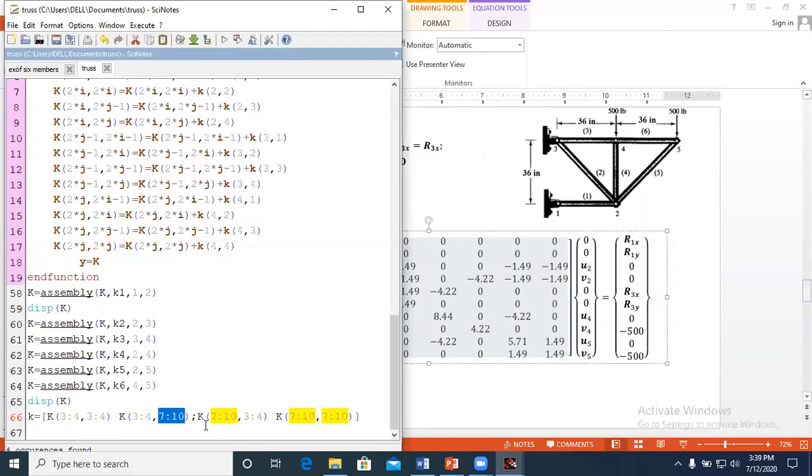Next one, on 7 to 10 rows, you take the third and fourth column. Here also on 7 to 10 rows, you take 7th to 10th columns. I will display it. Display K. Now I will execute it.